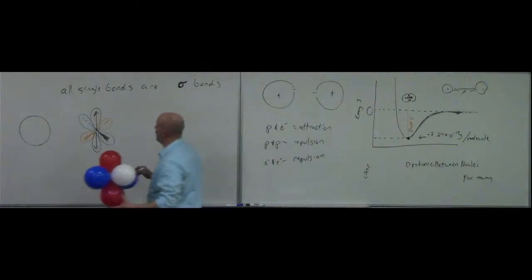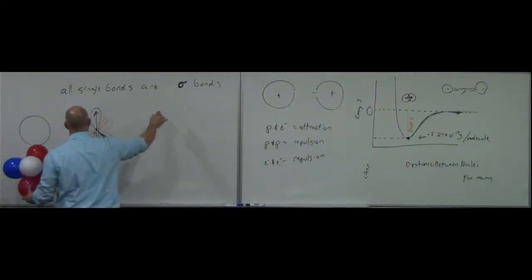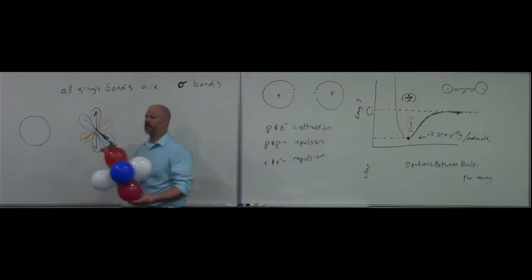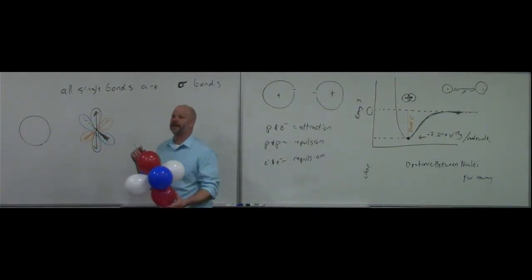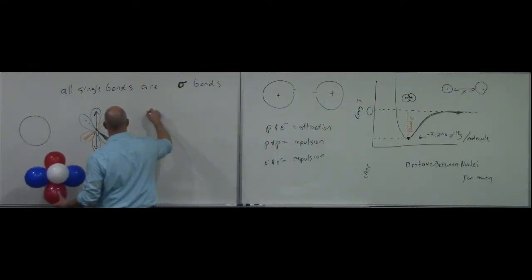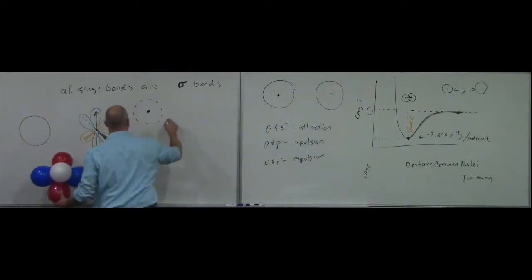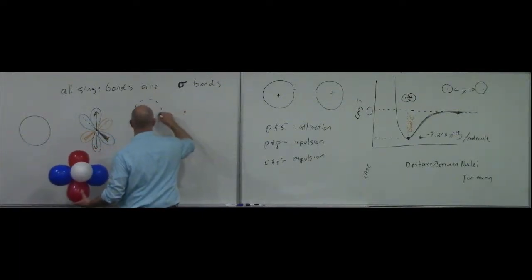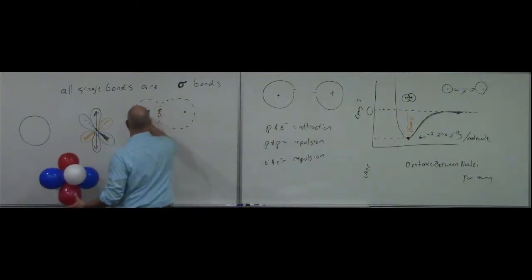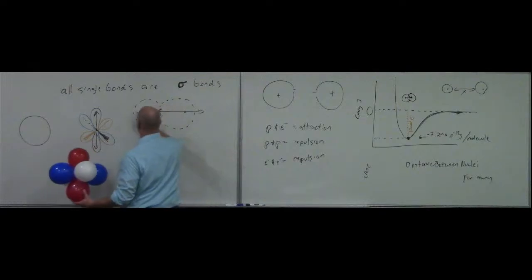So the thing about a sigma bond is the sigma bonds always happen linearly between 2 nuclei. So I can have an S bonded with an S, and a sigma bond will keep these 2 nuclei in the same plane.